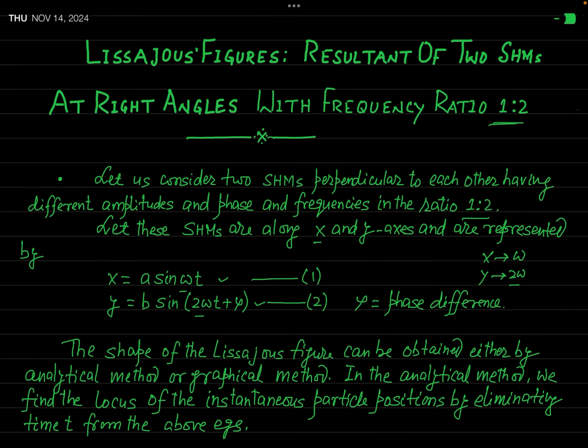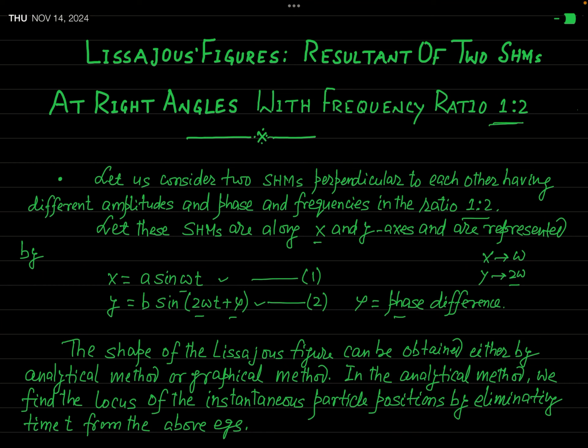And here phi is the phase constant of the second SHM, and I have considered here for simplicity that the phase constant of the first SHM is 0. So you can also say that this phi is actually the phase difference between these two SHMs.